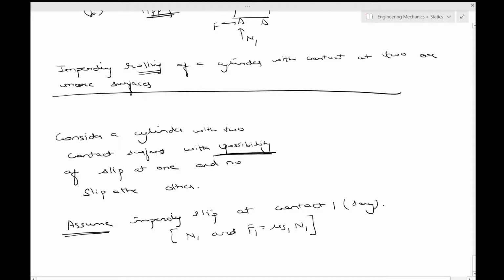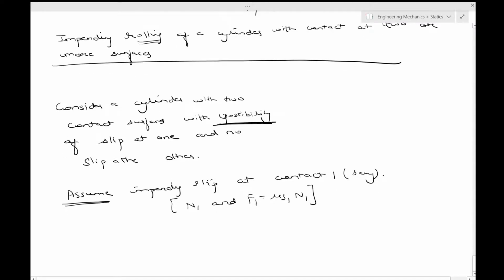So this condition must be there again, and this friction will act in the direction opposite to the impending slip. I'm not mentioning all that. And then no slip at contact 2. In this case the reaction is N2 and F2, and we don't have a value of F2 over here because there's no slip happening.